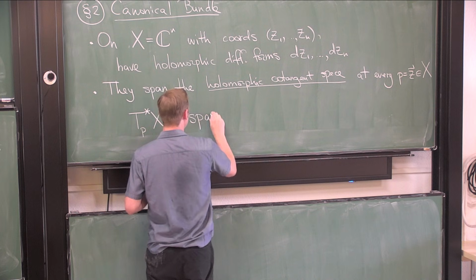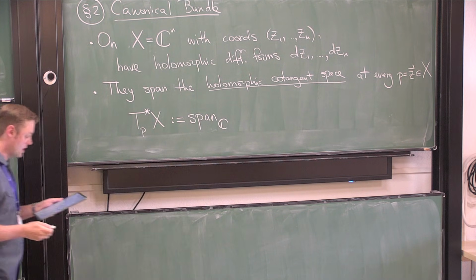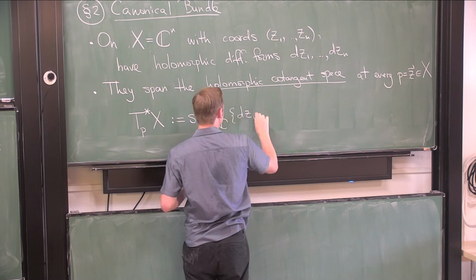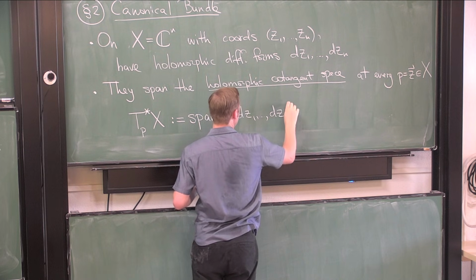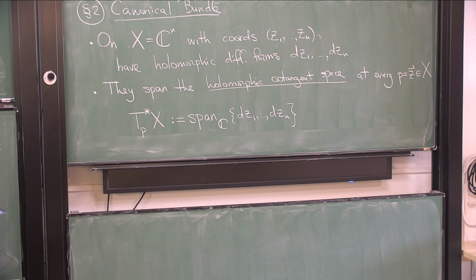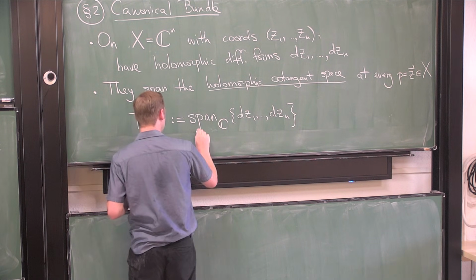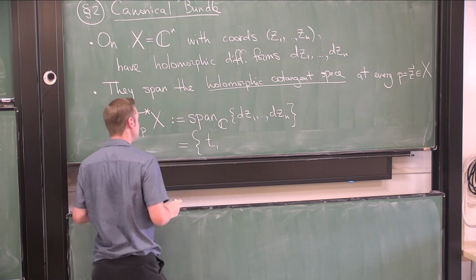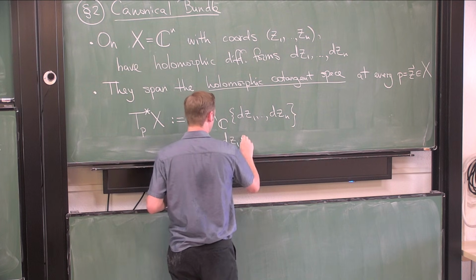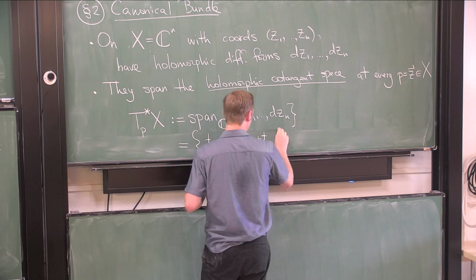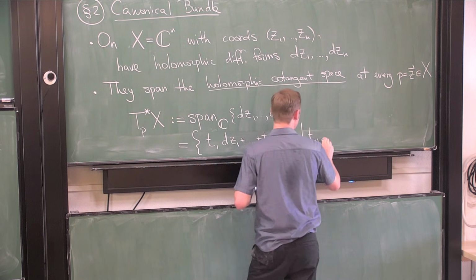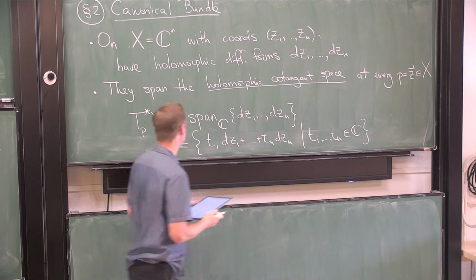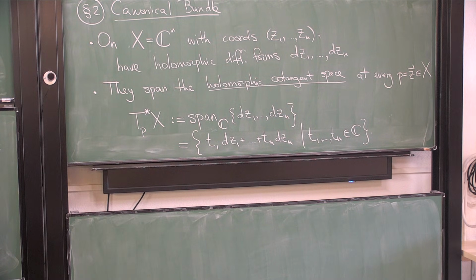It's just the linear span over the complex numbers, C, of these covectors, dz1 to dzn. So, again, to be more explicit, these are complex linear combinations, where t1 to tn are just complex numbers. That's what I mean by the span over C. It's the complex span.